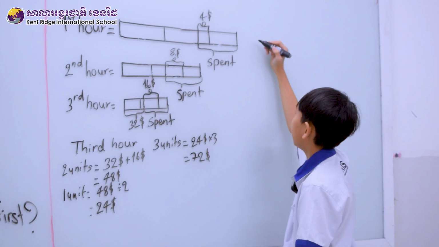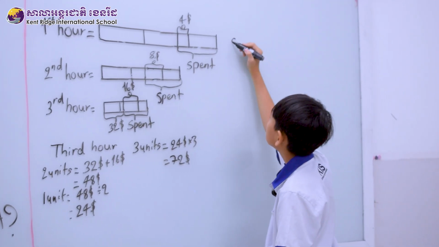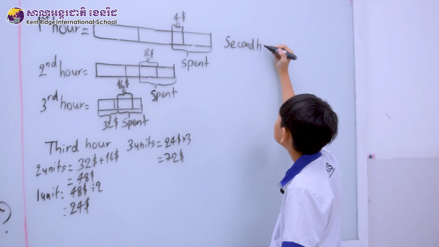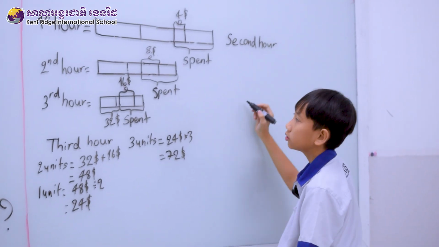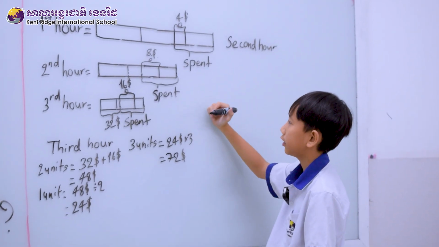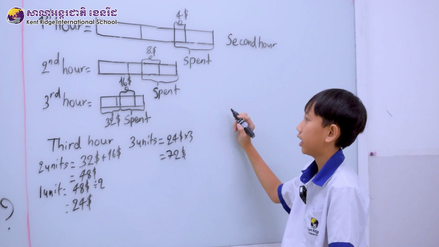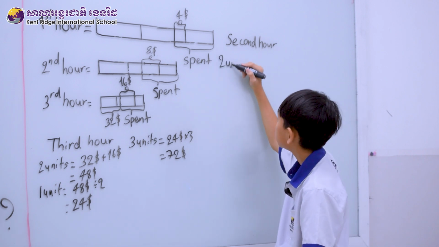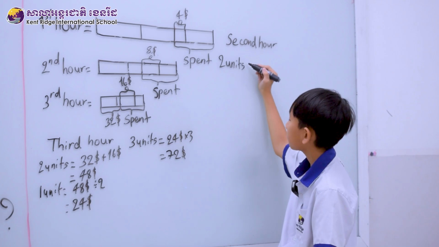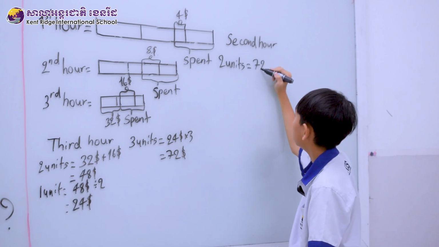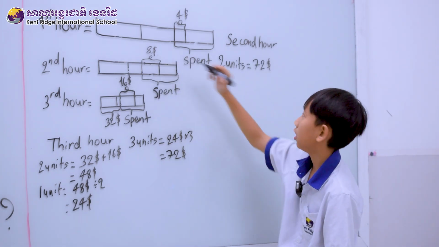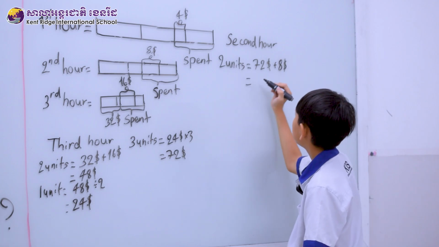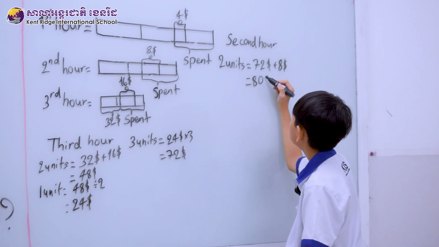Now we have to find the second hour. In order to find the total money she had in the second hour, we have to find 2 units of the second hour, which is equal to $72 plus $8, equal to $80.